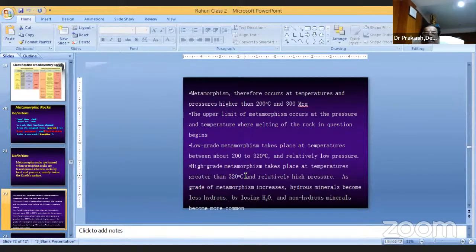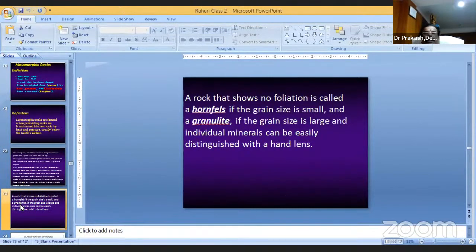That is the difference between low-grade and high-grade metamorphic rocks. A rock that shows no foliation is called a hornfels if the grain size is small, and a granulite if the grain size is large. That is the difference between hornfels and granulite.